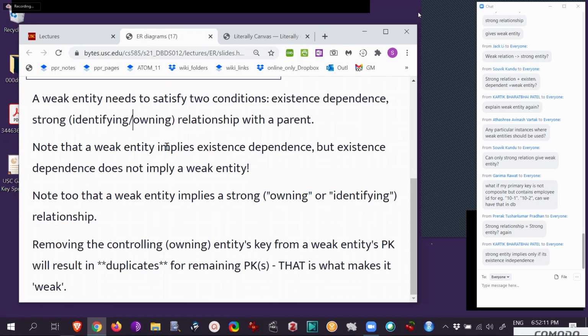So if an entity is weak, immediately it implies it is existence dependent, agree? Because weak comes with 2 conditions. But if I only told you something is existence dependent, you cannot assume it is weak. So A implies B, but B does not imply A. In fact, not B implies not A, okay? If somebody is not existence dependent at all, then there's no way it would be weak. Why am I saying all this?